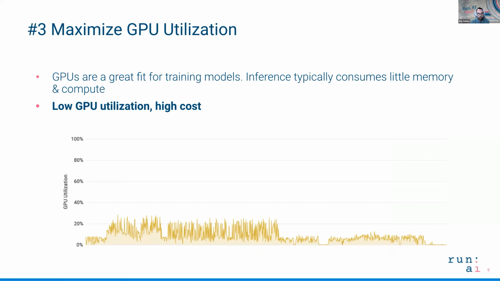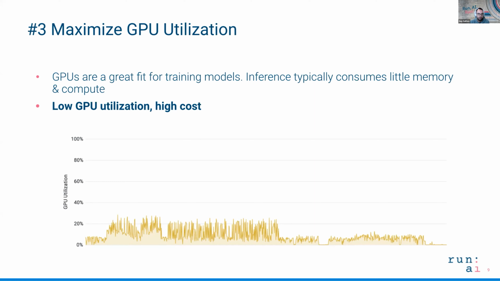That's why it's typical to use GPUs for model training, as these are very long, compute intensive workloads. However, GPUs can also be highly beneficial for inference workloads, for the things we just talked about, like getting lower latency or higher throughput.